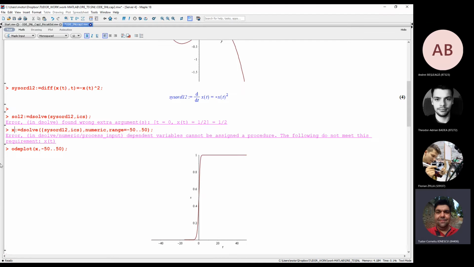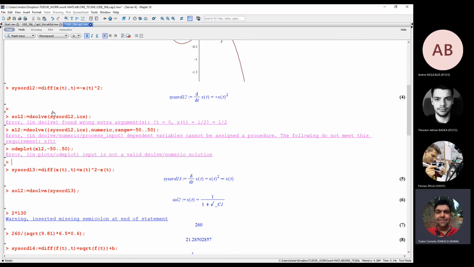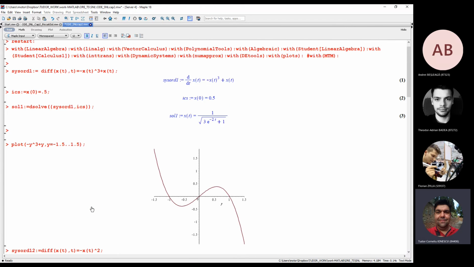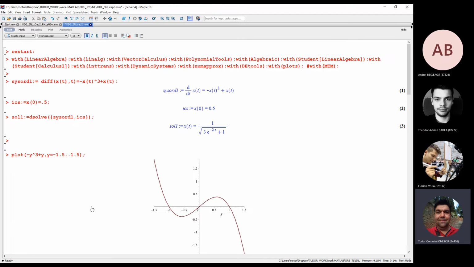Oh, here you cannot use x. That's the idea. Let's redefine the initial condition. Something is wrong. Probably I shouldn't have used it.